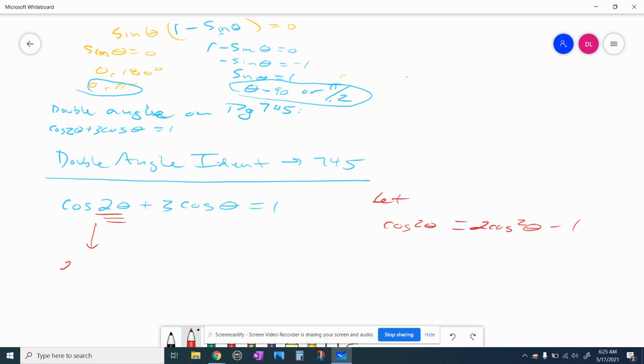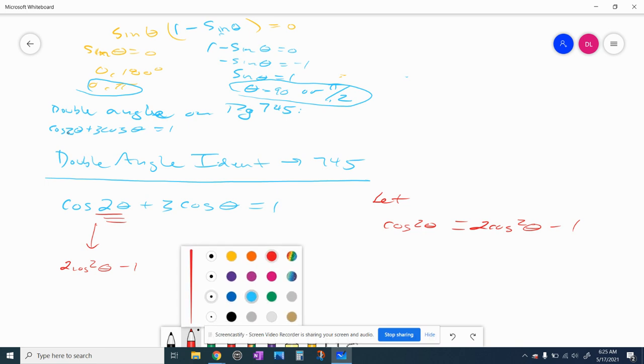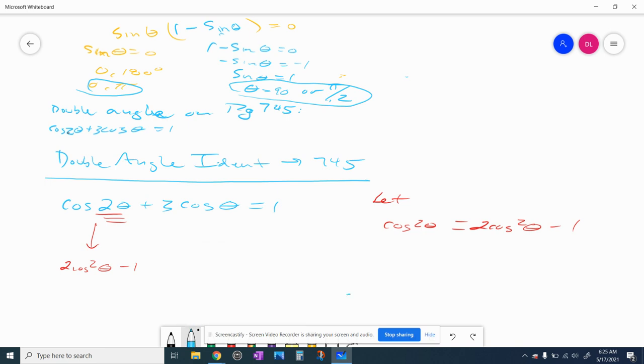So this becomes 2 cosine squared theta minus 1. And then my crazy cat's back in the background. And then we have plus 3 cosine theta equals 1. So now I have everything in cosine.